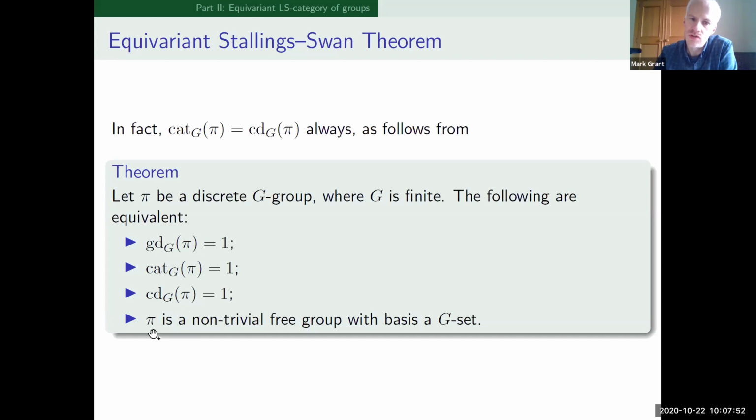And all of these things are equivalent to the group being a non-trivial free group, but it also has to have a basis as a free group which is permuted by G. And I should have put on the slides, but I didn't: if you take the integers, so an infinite cyclic group, with the action of Z mod 2, the group with 2 elements, which is just the sign representation, then you can't find a free basis which is permuted by G. And in that case, the equivariant cohomological dimension will be infinite. So you really do need this extra condition to get dimension 1.